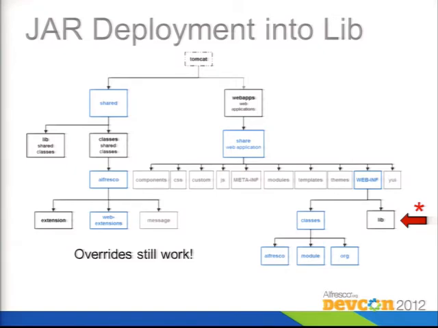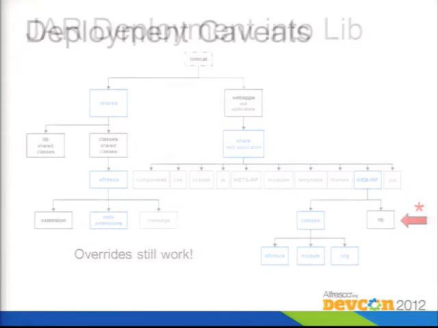And afterwards, I was approached by several of my colleagues at Alfresco, some of whom were carrying torches and pitchforks. And they said, you know, that's really not a best practice. And I said, well, yeah, I know that. That's what it says in the documentation. So if you deploy here, you can still overwrite it over on the shared directory. But either one of those is not really the best way to do that for production deployment.